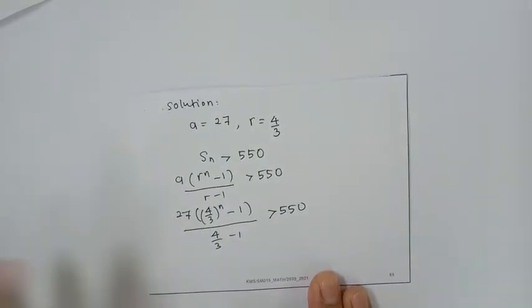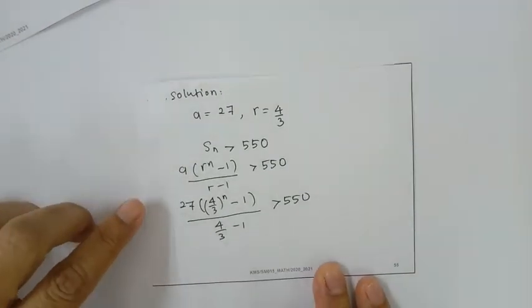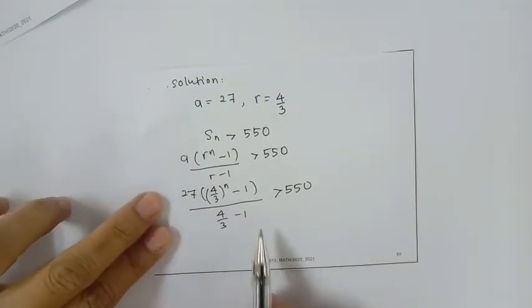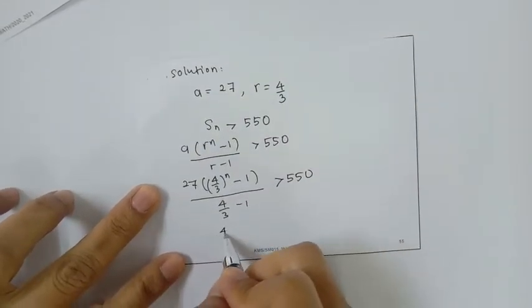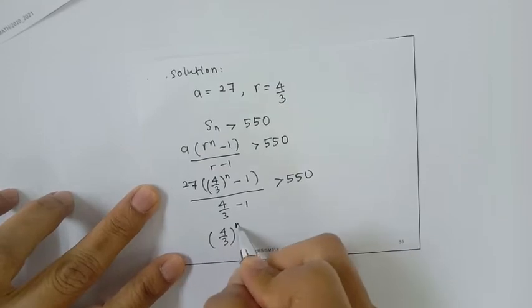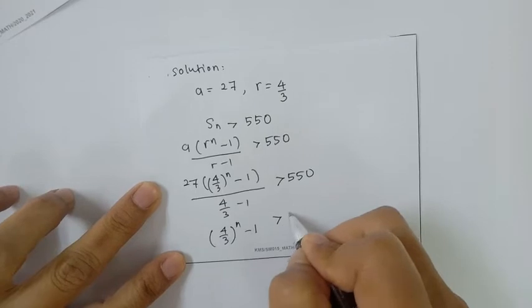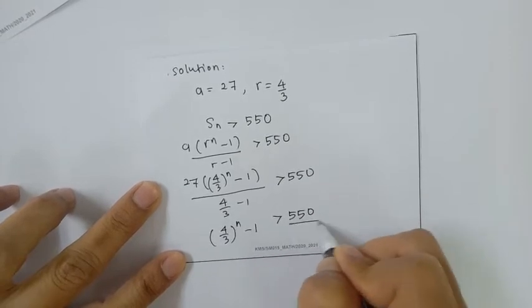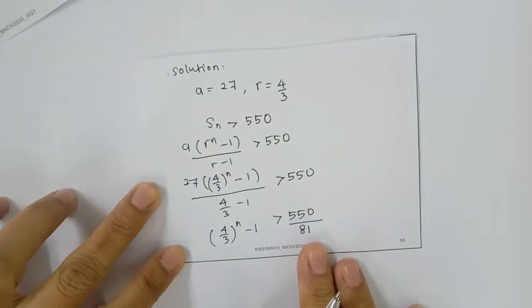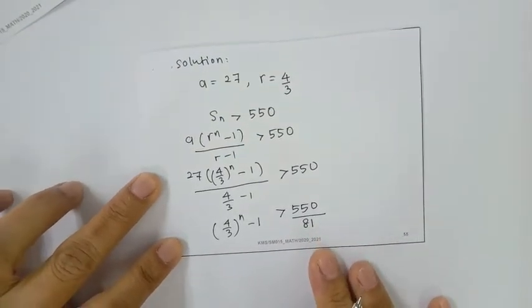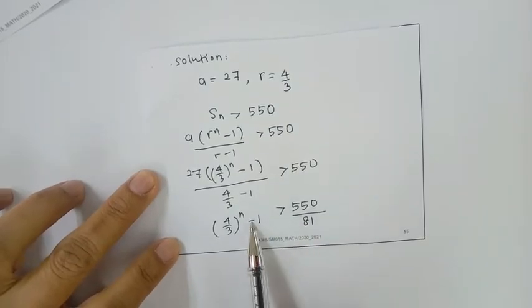Then simplify. After we simplify, we get 4/3 power of n minus 1 more than 550 over 81. Next bring minus 1 to the right.